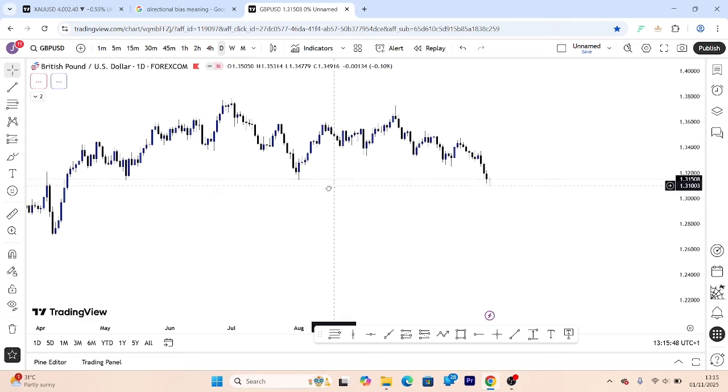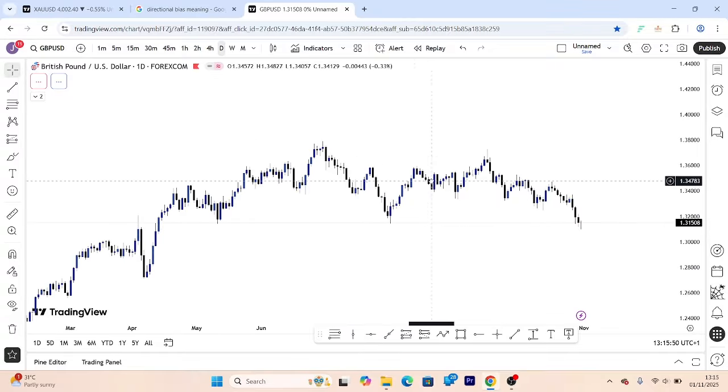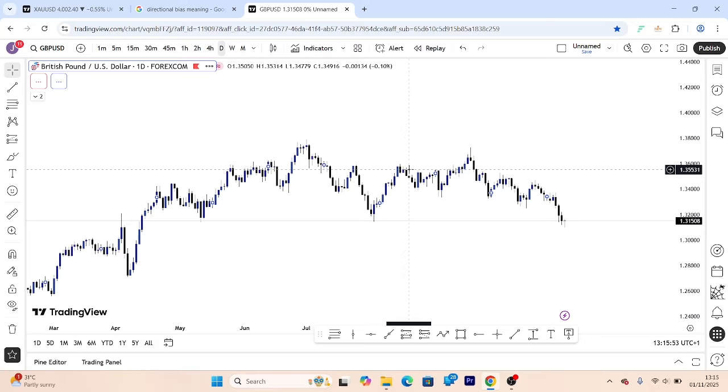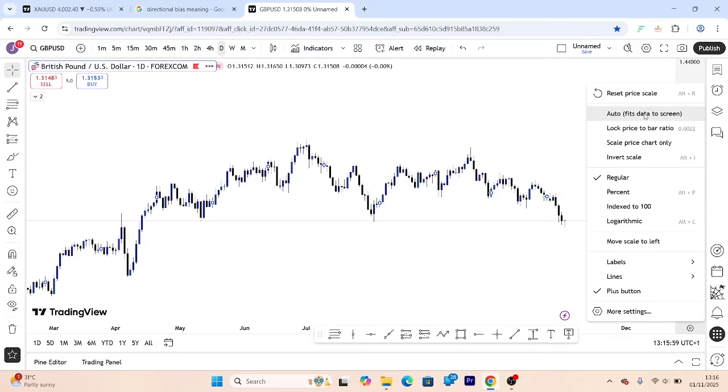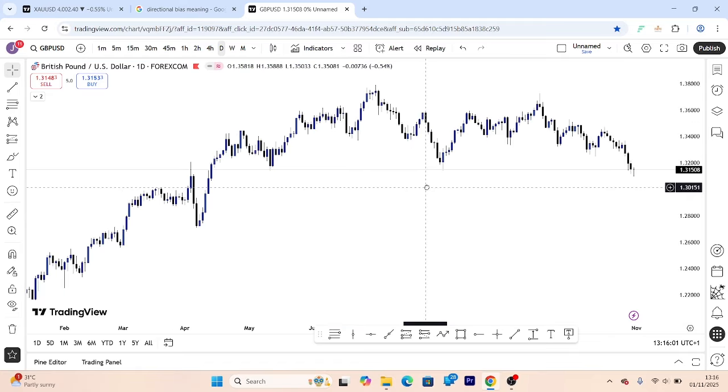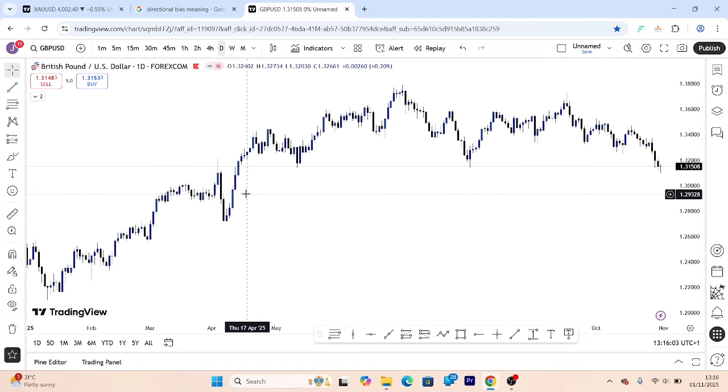Okay. So now at the higher time frame, this is the daily time frame. If you look at this, the market has broken structure.